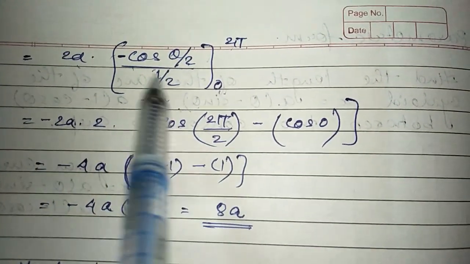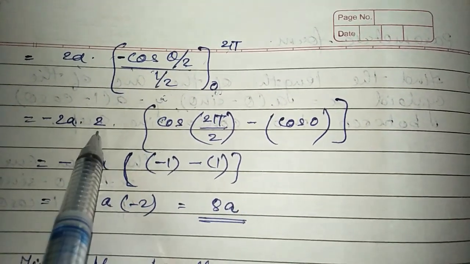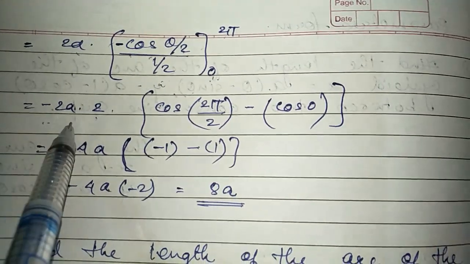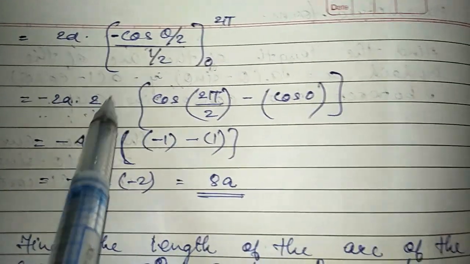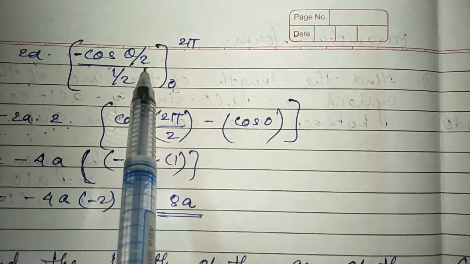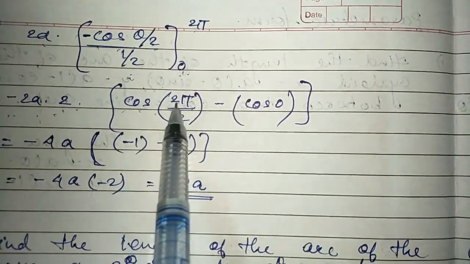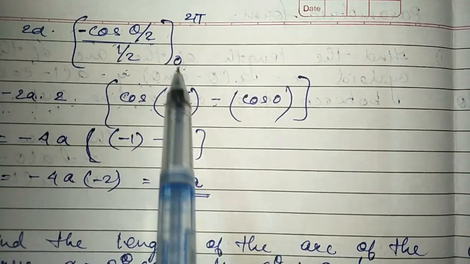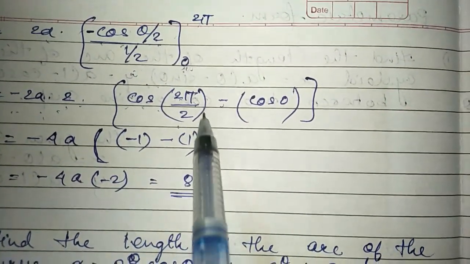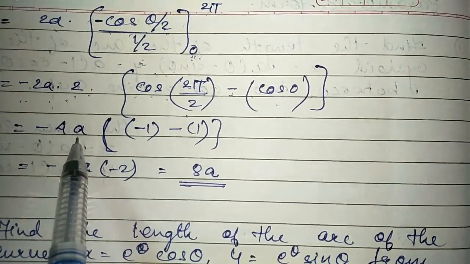In the next step, we'll take this minus and this 1 upon 2 outside and simplify it. So what we have is minus 2a into 2 into cos of theta by 2. First we'll substitute theta as 2 pi, so we have cos of 2 pi by 2, minus, we'll substitute theta as 0, so we have minus cos of 0. So what we have is minus 4a.